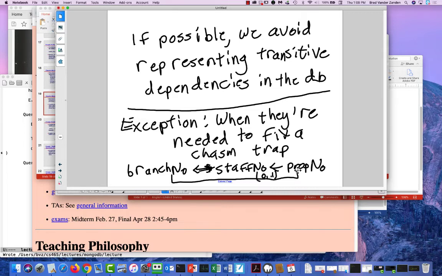So in that case, we were fixing a chasm trap by explicitly representing the transitive dependency between a branch number and a property number. But we try to avoid that if at all possible. So in general, we do not explicitly represent transitive dependencies in the database, with the exception of when we have to do it in order to fix a chasm trap.